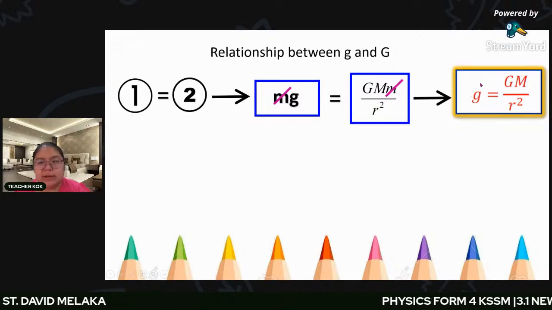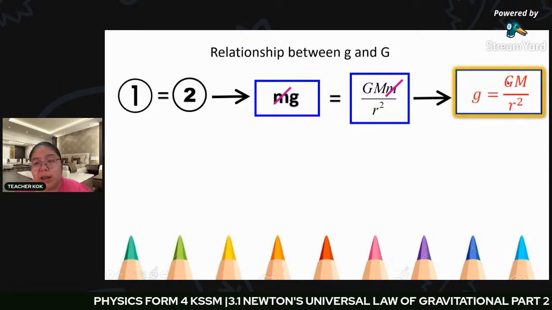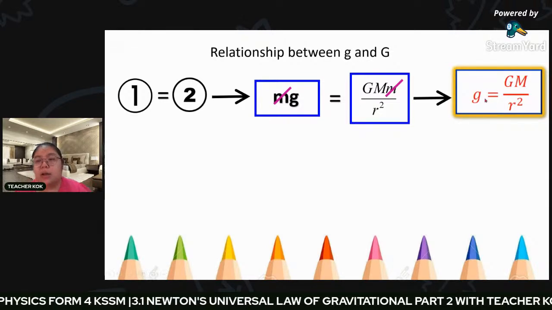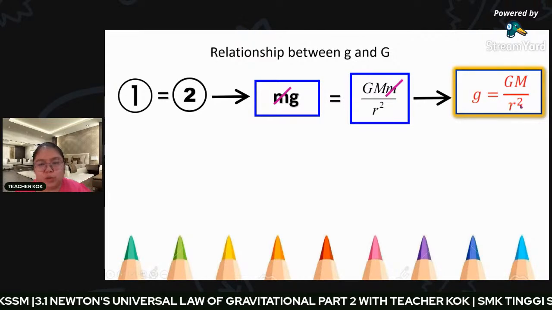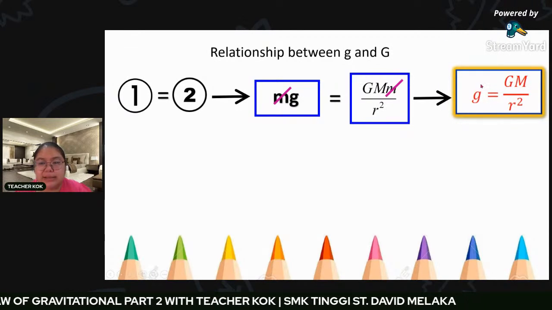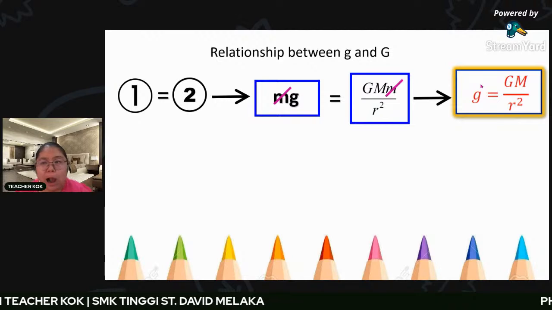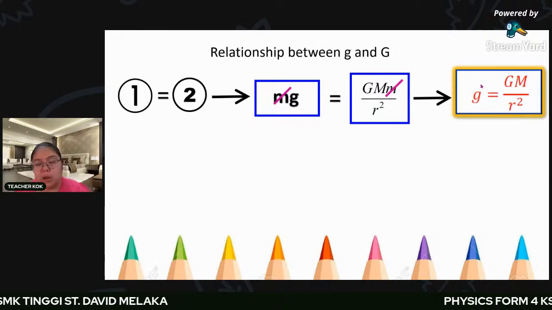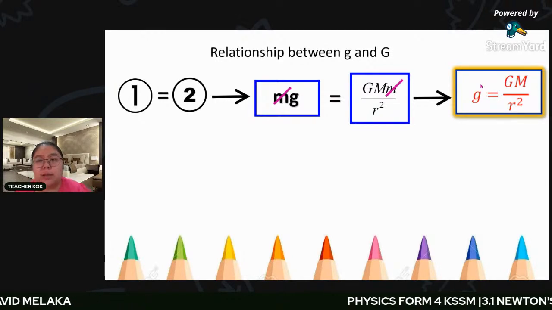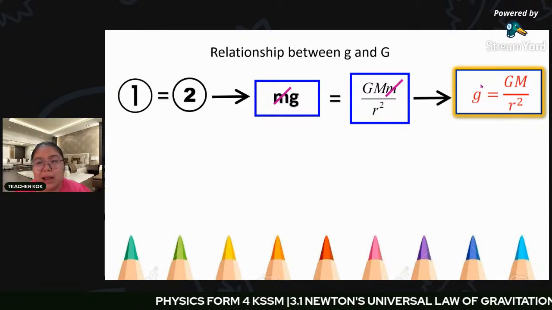Now, what is the gravitational acceleration affected by? The gravitational constant is already a constant value, so that's not a factor. You see the mass and R squared. When the mass increases, the gravitational acceleration increases. This is talking about outer space, outside the Earth; we never said inside, because inside the gravity is fixed.